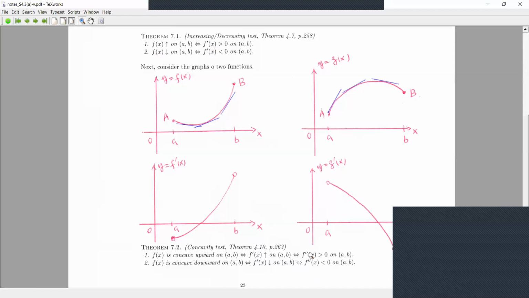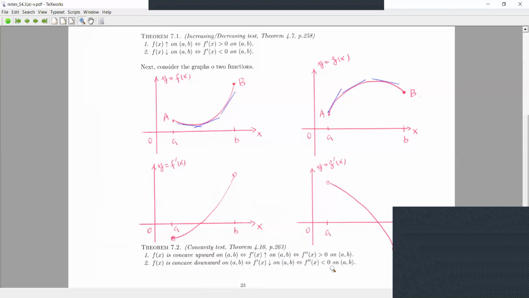On the other hand, the second derivative controls concave up and concave down. A curve is concave up if and only if the second derivative is greater than 0. A curve is concave down if and only if the second derivative is less than 0. So keep that in mind.